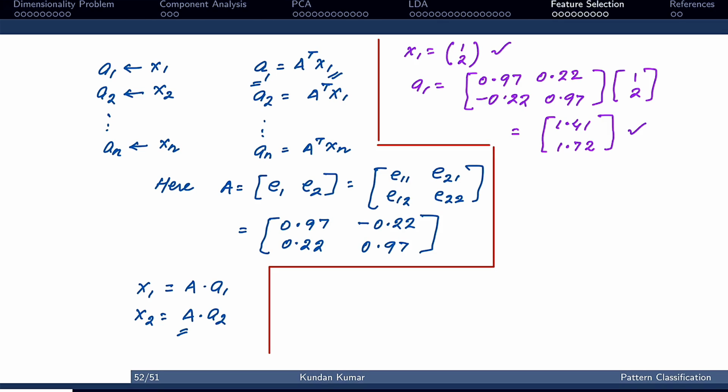Now, we want to compute x1 from a1. So, x1 equal to a1. So, we can multiply 0.97 minus 0.22, 0.22, 0.97 into 1.41, 1.72. Okay.